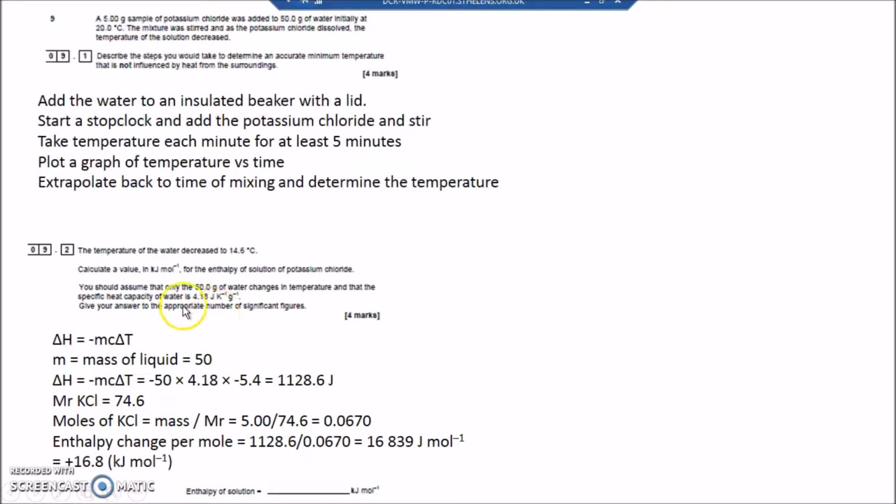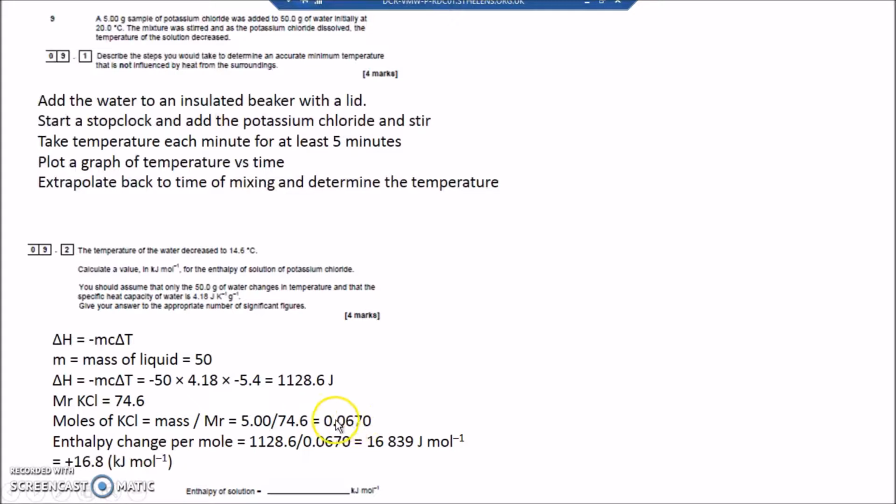Now I've got to work it out for 1 mole. The Mr of potassium chloride: potassium's 39 and chlorine's 35.5, so it comes out as 74.6. Moles of potassium chloride is the mass divided by the Mr. The mass that you've got is 5 grams, divided by 74.6, I've got 0.0670 moles.